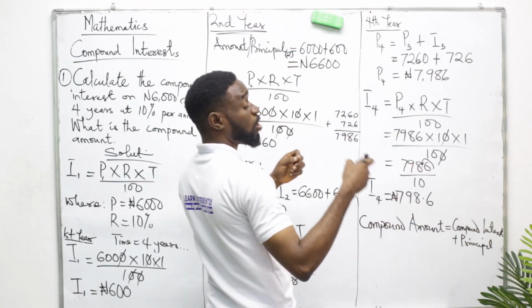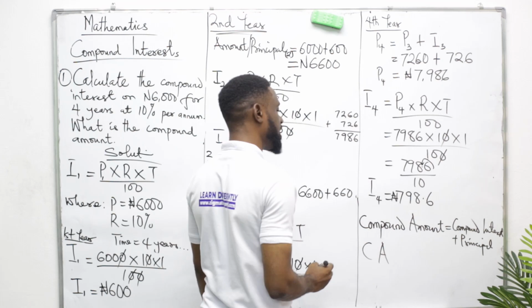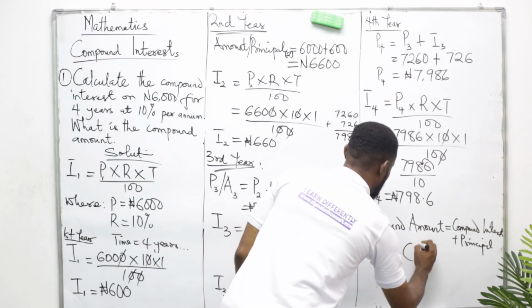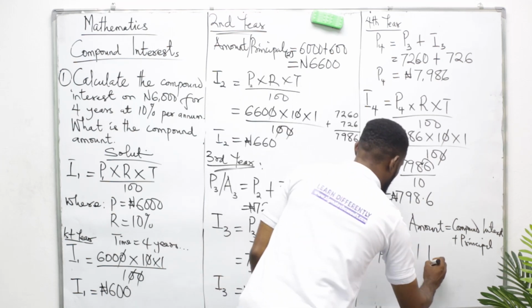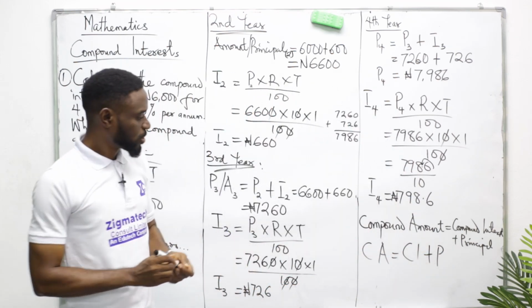So permit me to always represent compound amount as CA, which is equal to compound interest, CI, plus P, which is principal. Is that okay now?